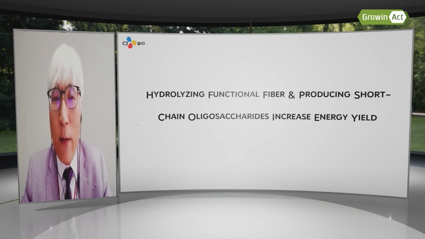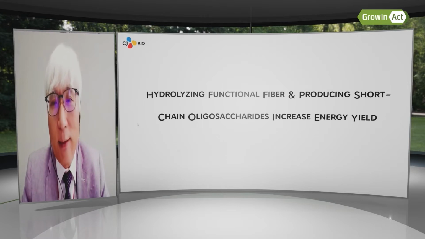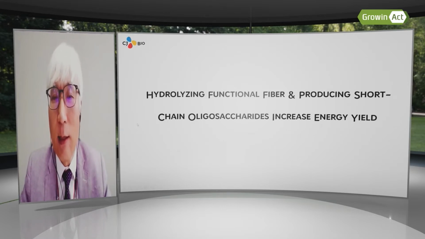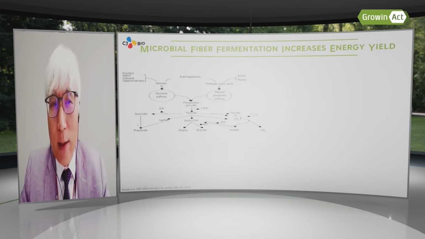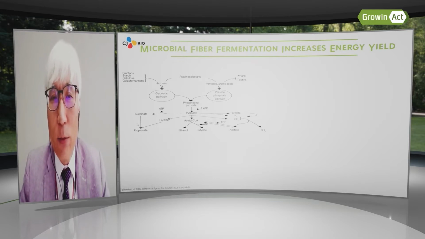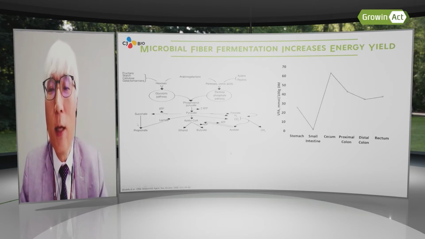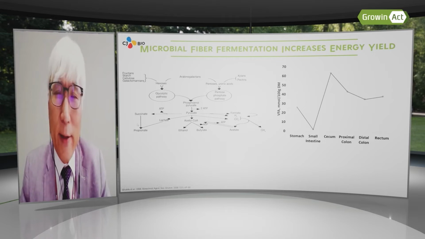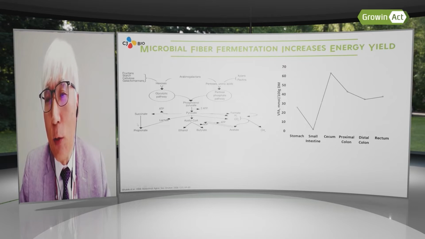Moving on to the second benefit: if you're hydrolyzing functional fiber and producing short chain oligosaccharide, you are basically increasing energy yield in the gut. Everyone knows that by hydrolyzing fiber, you produce more hexoses and pentoses going into the microbial system and producing propionate, butyrate and acetate, which are called volatile fatty acids or short chain fatty acids. And if you look at how much volatile fatty acid is produced in the gut, this is the case of grower finisher pigs.